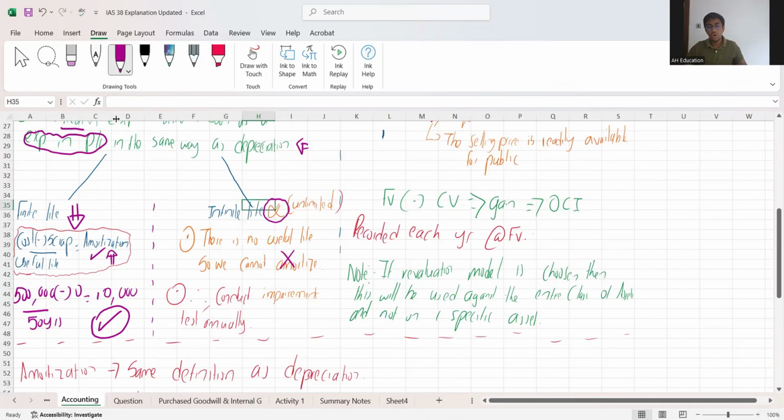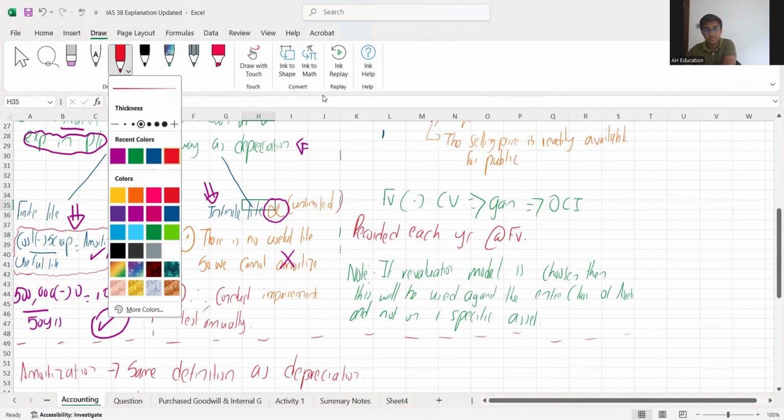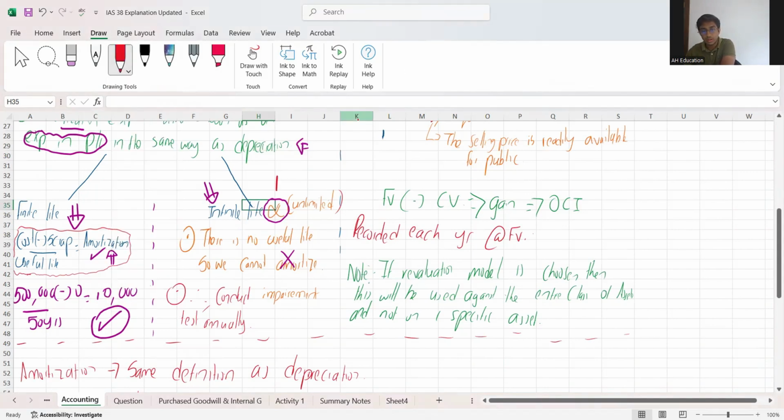Now, moving on to something called infinite life. What do I mean by infinite life? The useful life to calculate amortization cannot be determined. We do not know what the useful life would be because it is infinite, or I would say unlimited, right?